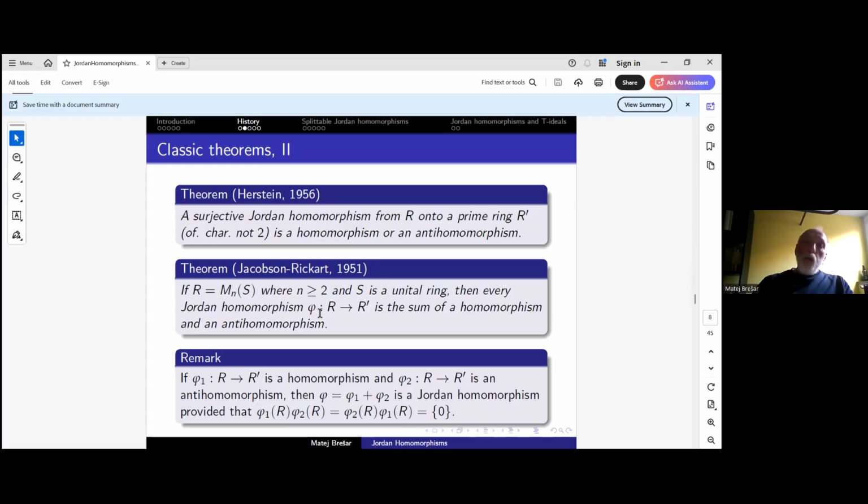Then Jordan homomorphisms from R to any other ring are sums of homomorphisms and anti-homomorphisms. In this final remark, I should explain that when speaking about sums, we also assume that the images of phi 1 and phi 2 are orthogonal in this sense. Yesterday, Efim Zelmanov talked about this, and he called these sub-Jordan homomorphisms standard.